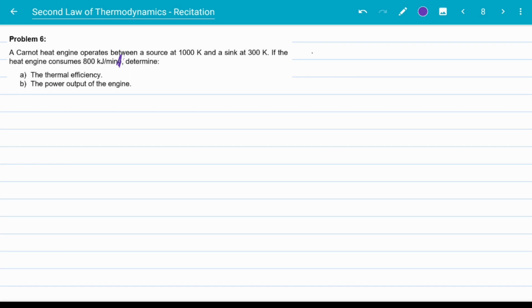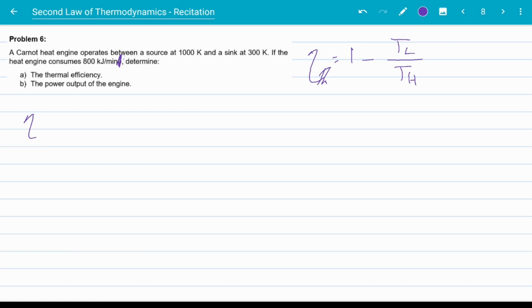Now, a Carnot heat engine is a reversible heat engine, which means it's ideal. So we can calculate the thermal efficiency of this cycle using the reversible ideal thermal efficiency function, which is 1 minus TL over TH. Now, TL is the temperature of the sink, TH is the temperature of the source.